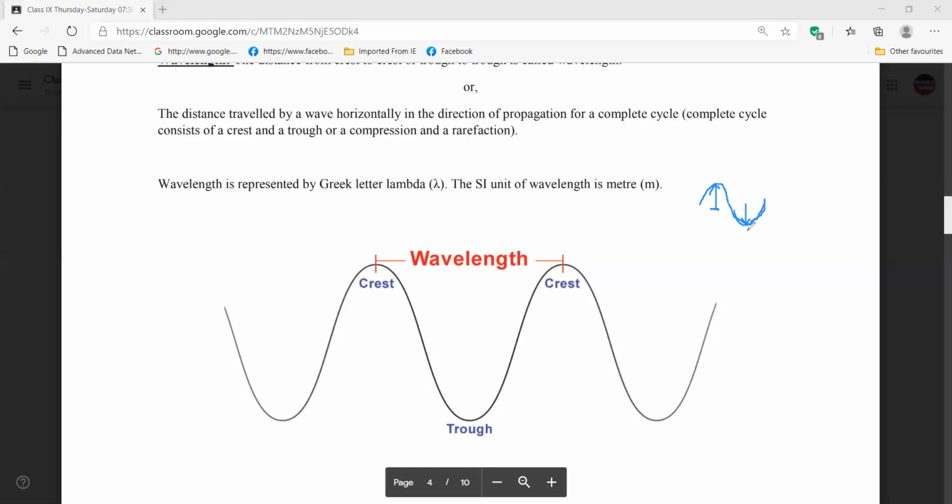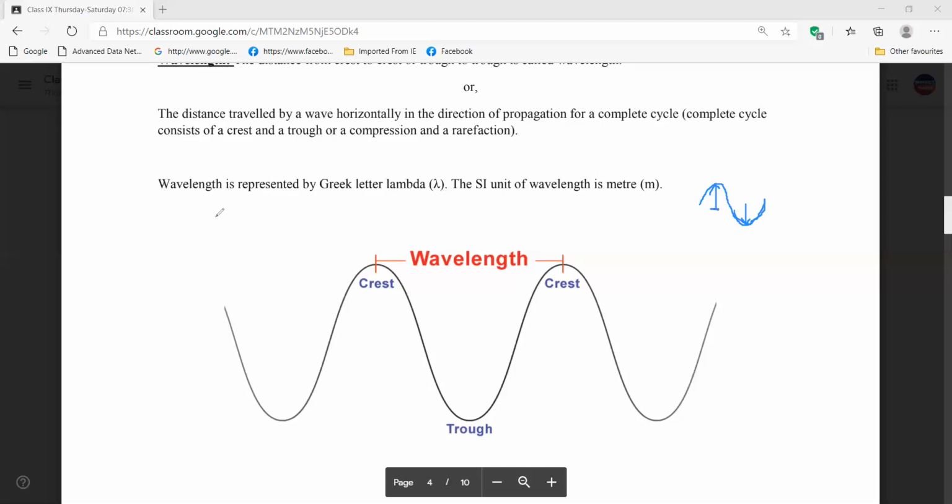Is it clear? Yes, sir. This is one kind of vibration, for transverse waves. When the particles are vibrating up and down, we call it a transverse wave. A water wave is one kind of transverse wave.